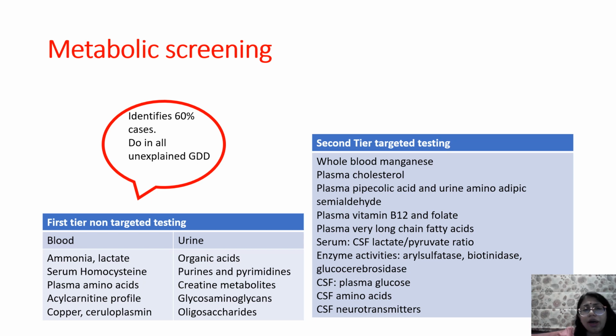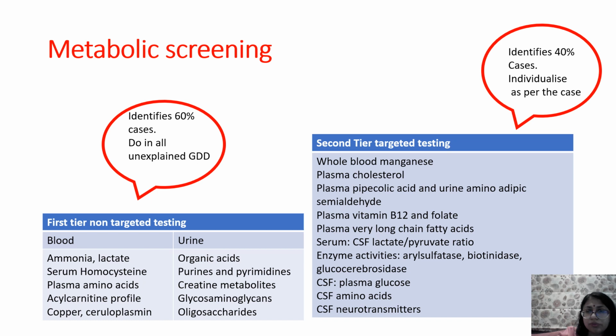So this should be done in all unexplained global developmental delay, where after the array CGH and after the MRI brain we do not have any particular cause. So we do this non-targeted testing.